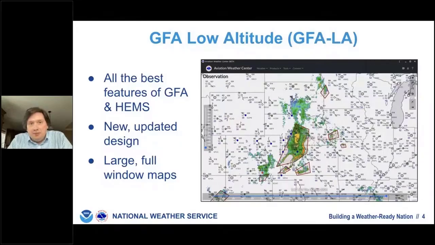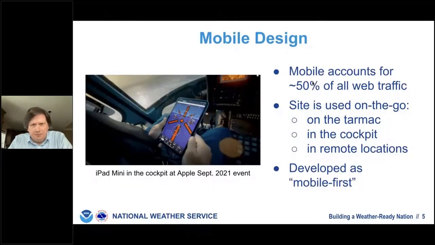This new version is called the GFA Low Altitude Tool, because we're combining together hopefully all the best features found in the current GFA tool, as well as the HEMS tool for our helicopter and low altitude folks, and giving it a whole new updated design with a large full window map, so that you're able to take up as much of the screen real estate as you want, and get a better picture of what's going on out there.